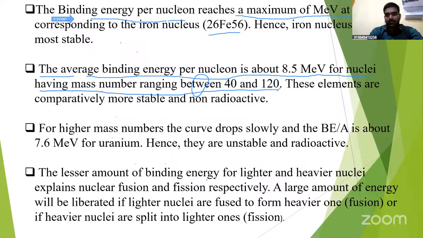Okay, the average binding energy is how much? 8.5 mega electron volt for mass numbers between 40 and 120.